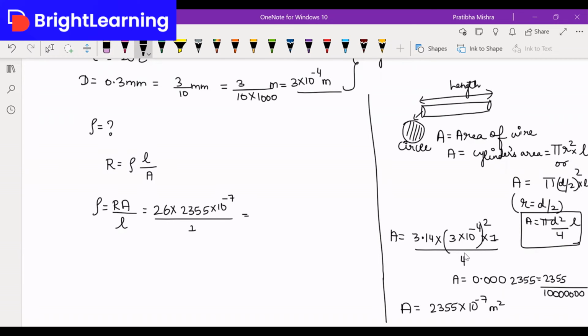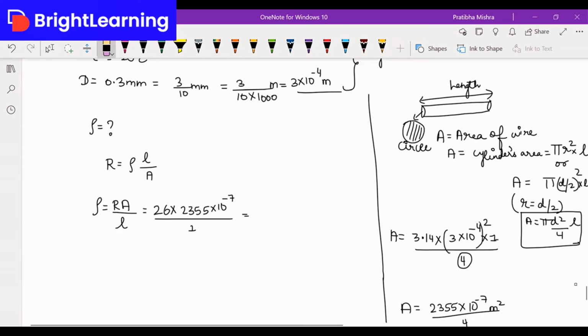Sorry, there's a 4 also here, right? I forgot to take that. I've just taken the numerator part. There's a 4 as well. Sorry. This is just the numerator part. Into 4. I'll just erase this and redo this part. The 2355 thing is just your numerator part.